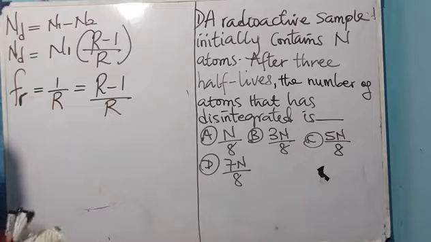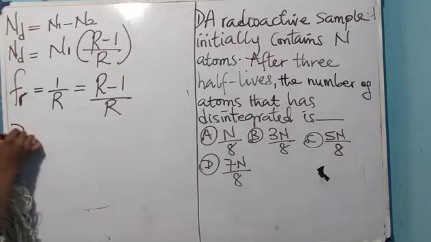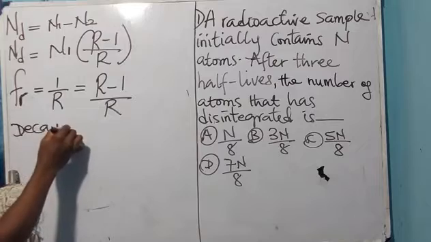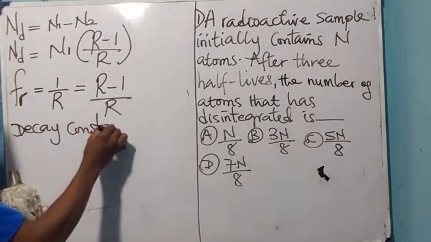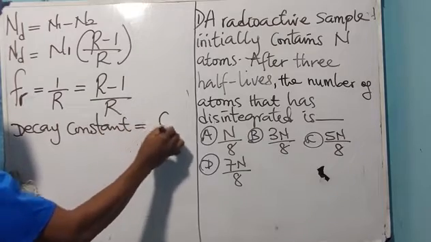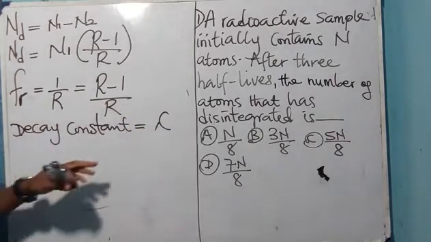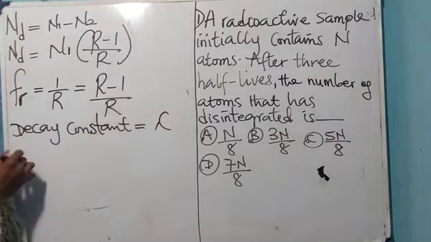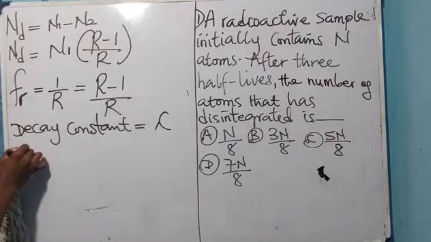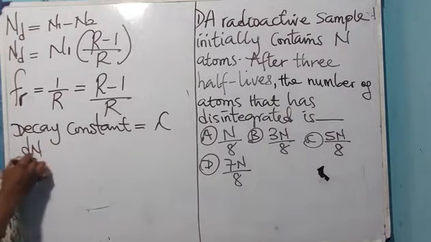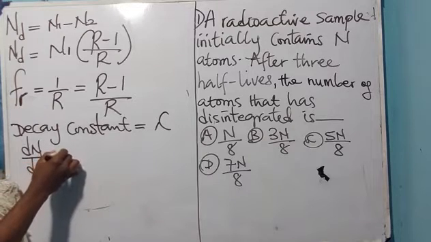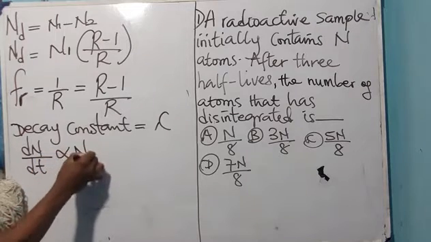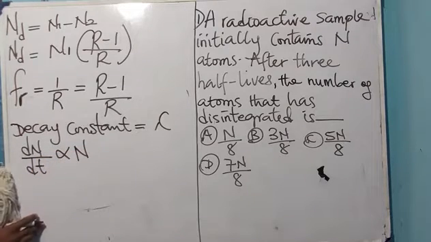And of course, you know that the decay constant is called lambda. You know that the number of atoms N over time t is directly proportional to the number of atoms.